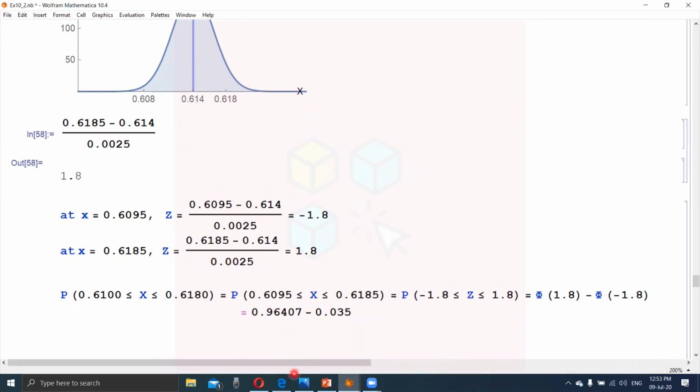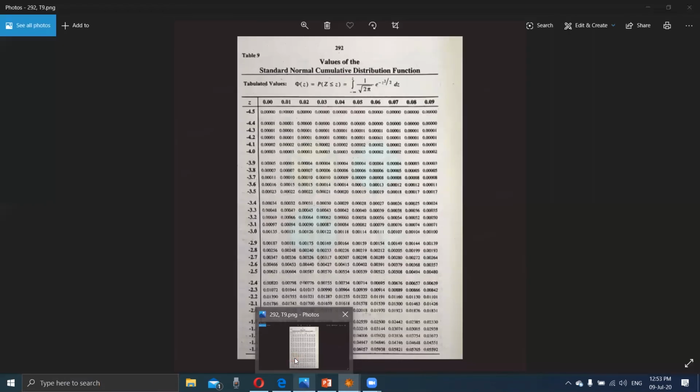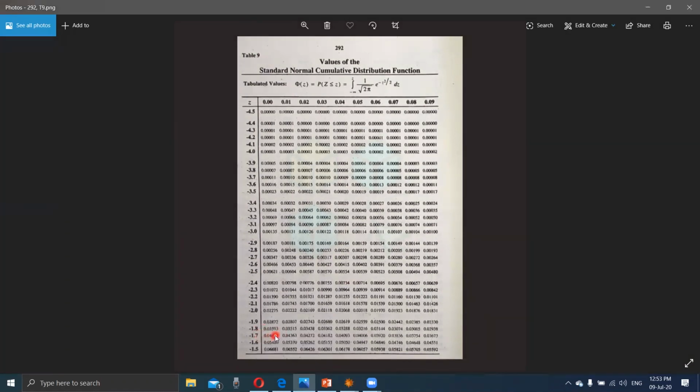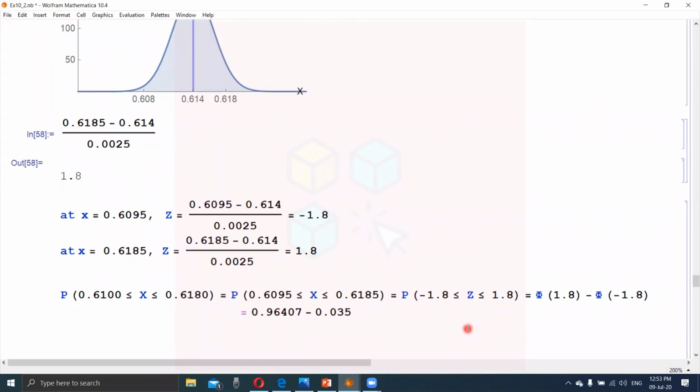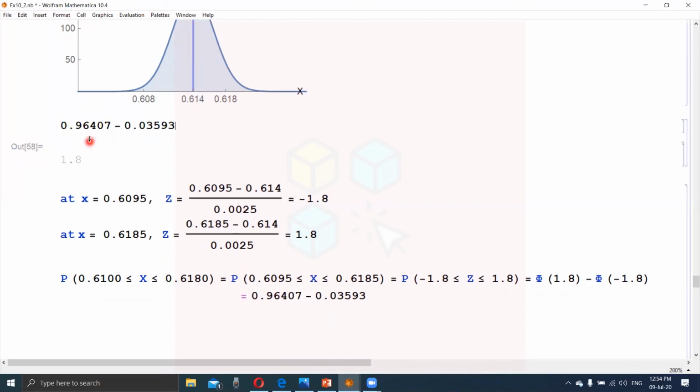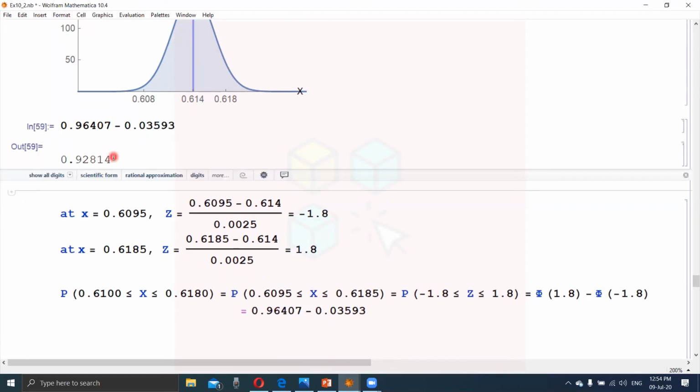We missed, it was 3593. Okay, so we will write here 93. So after solving this expression here, we will have the result as 0.92814. So we will write this result here.